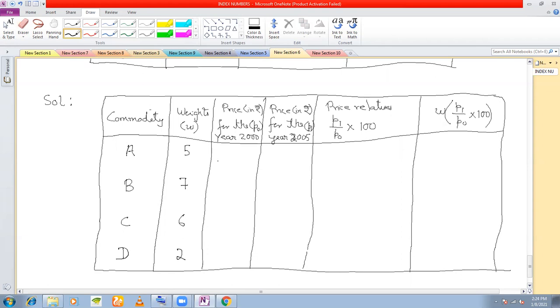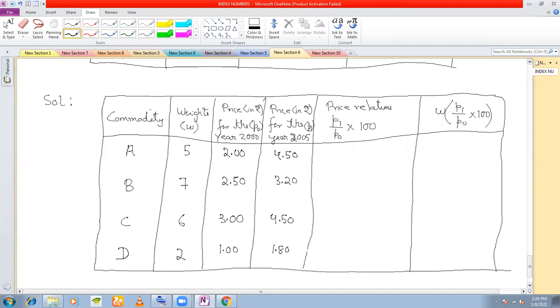Prices, you have 2, 2.5, 3, 1. This is copying from the question only. 4.5, 3.2, 4.5, and 1.8.